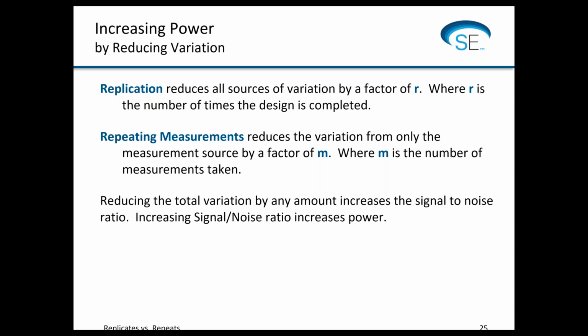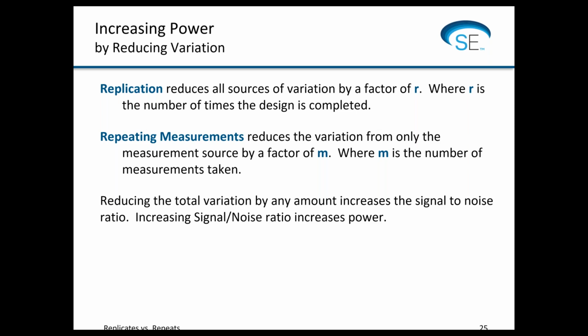Okay, so reducing the total variation by any amount increases the signal to noise. So we can increase the signal to noise by replicating the run or by replicating the measurement. Which one makes more sense depends on where the noise is coming from.